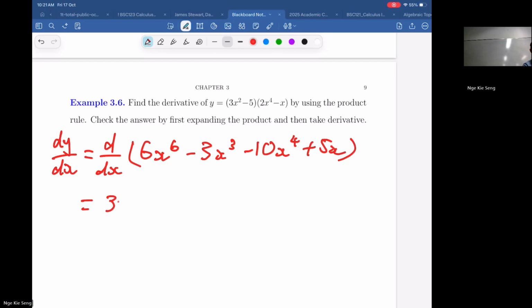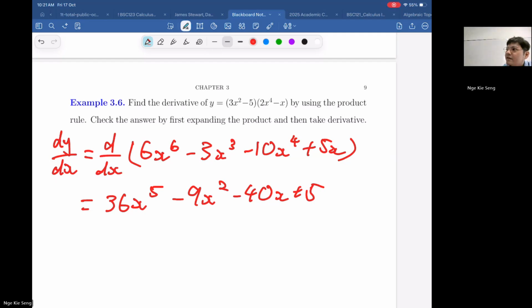36x to the 5 plus 5, and then 9x squared plus 2, minus 40x. Am I correct? Everyone can check. Is it true or not? True.